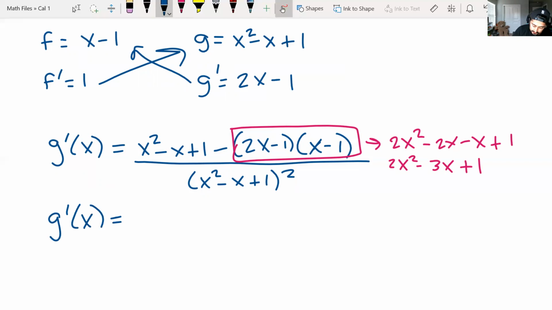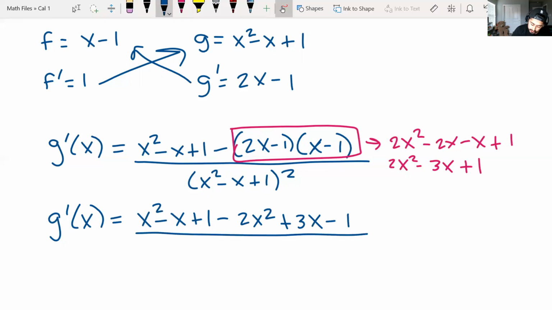The derivative is x squared minus x plus 1 minus 2x squared plus 3x minus 1, still over this denominator squared.